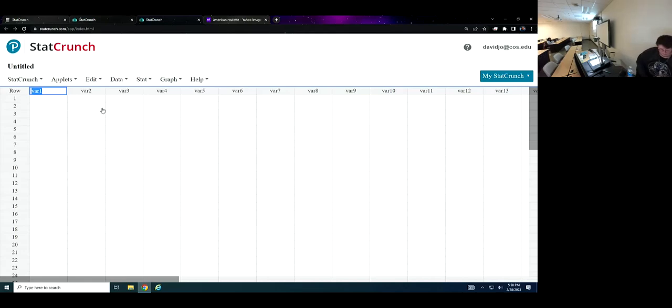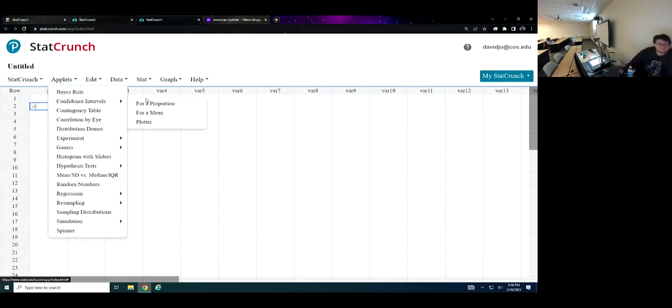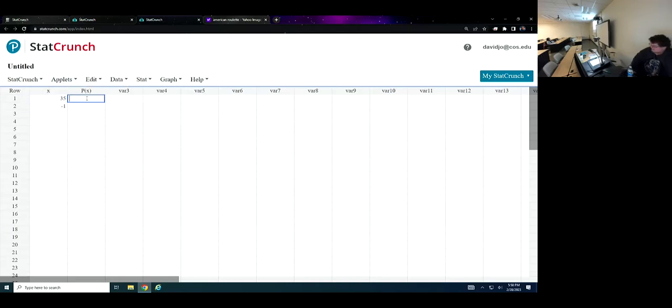So what I'm going to do is label one of these columns at the top as X, and one of them is P of X. We'll put the 35 and the -1 in here. And it won't do the fraction, so I have to put in the decimals here. 0.0263. Number lock is off.